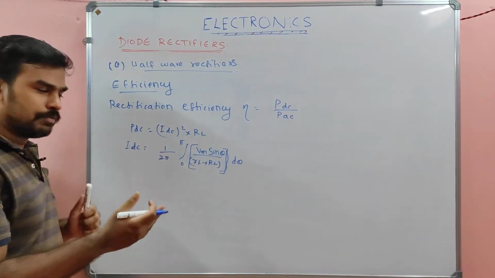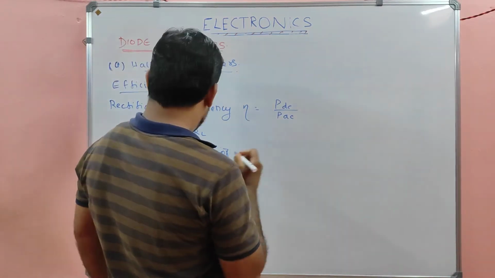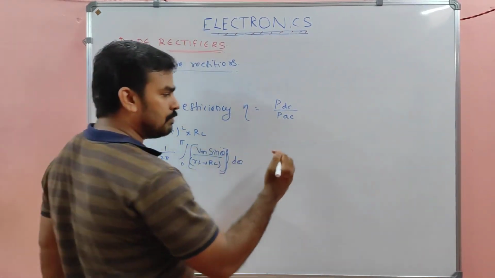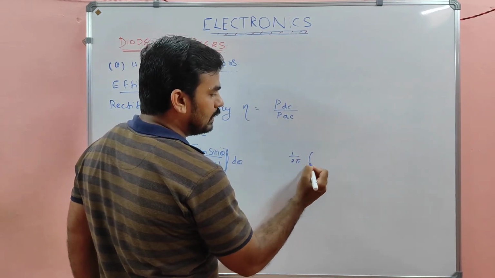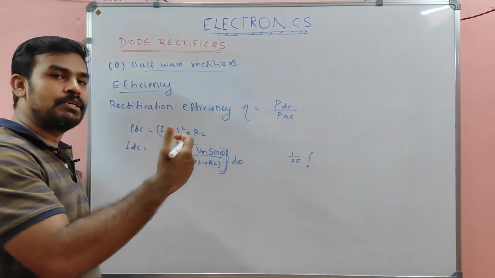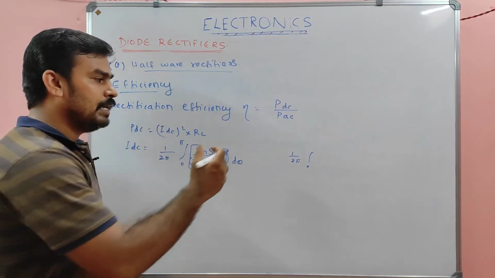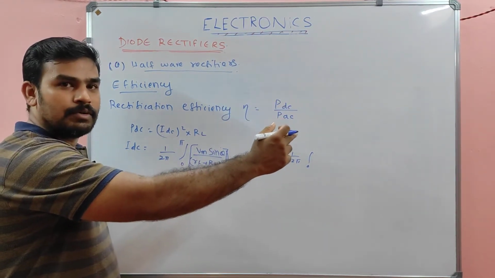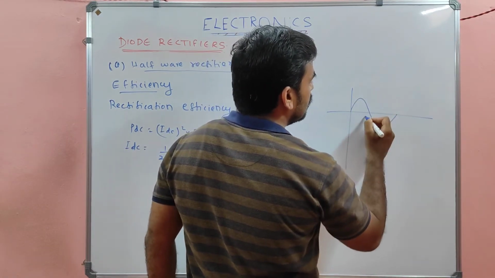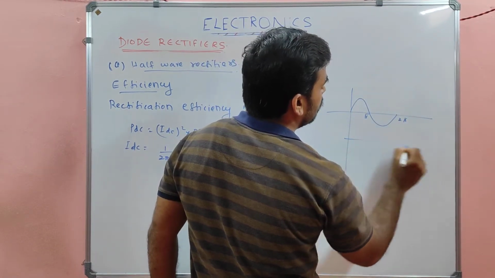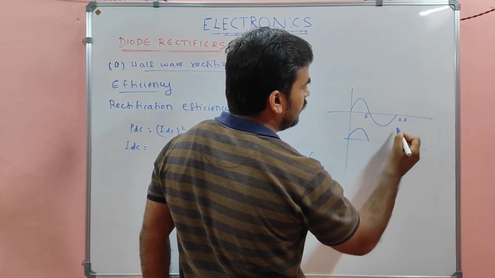Okay, how it is obtained, I will explain. The general equation for finding the average value or DC value is 1 by 2 pi, integral over the time period. Here you observed the rectifier output: this is pi and this is 2 pi, but the rectifier output is only for pi.